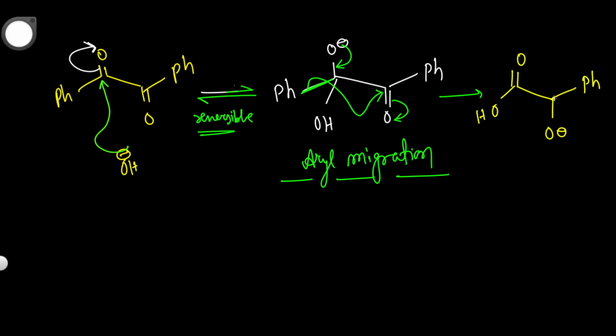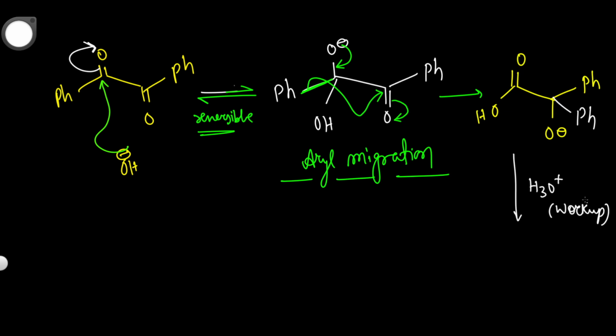This Ph basically comes from the migration, right? Aryl migration happening here. And what happens next? We have to do a workup, because we can't leave this molecule with a negative charge. So in the workup, here we have taken H3O plus.